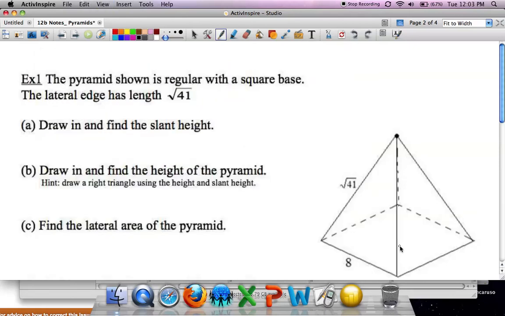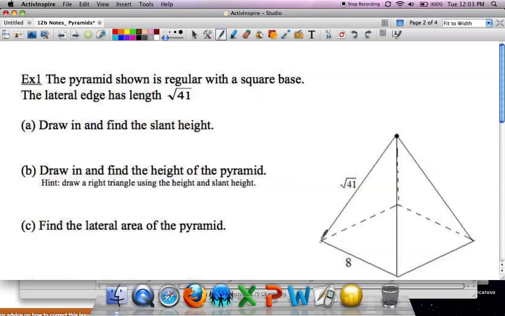Okay, turning the page, let's see if we can apply and look to see if we can find some things about a regular pyramid. The cool thing about a regular pyramid is that there are lots of right triangles involved. So the pyramid shown to the side is regular with a square base.